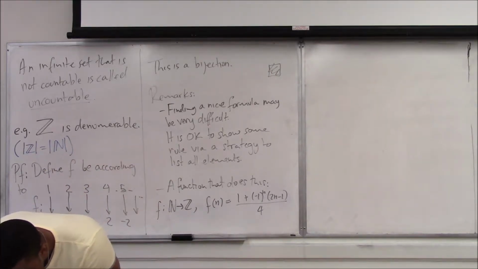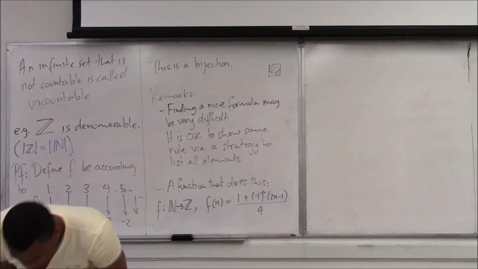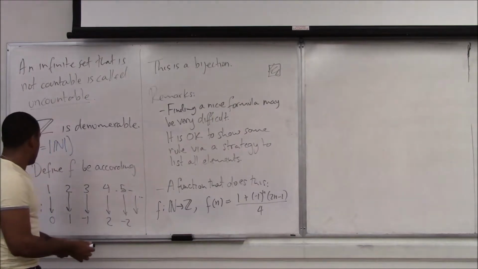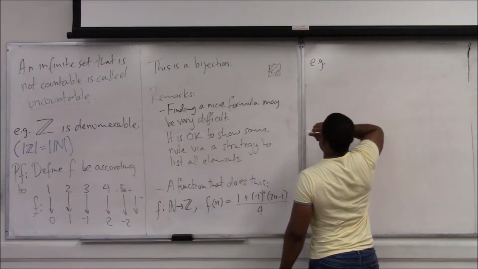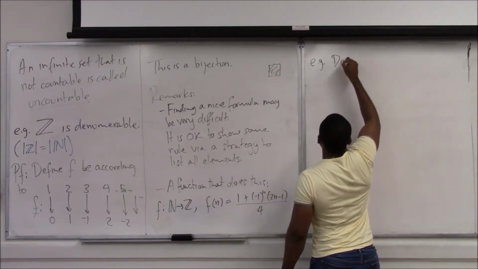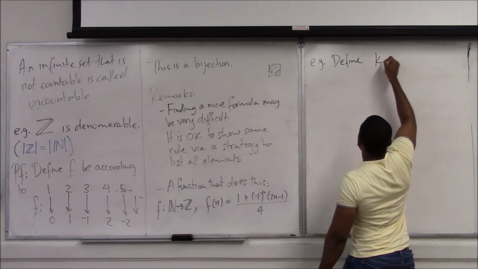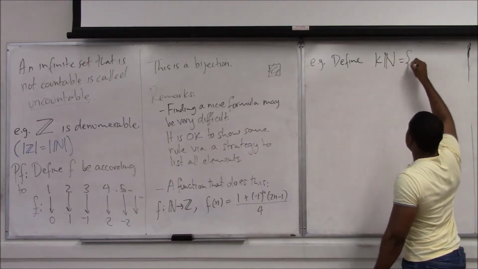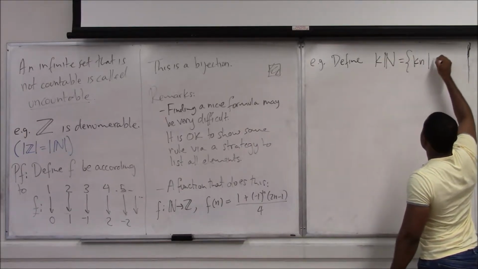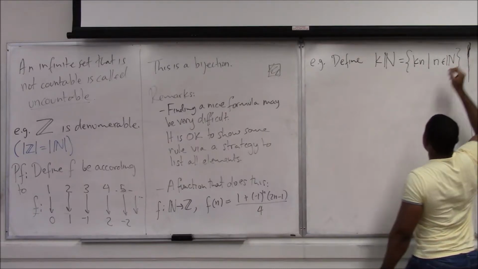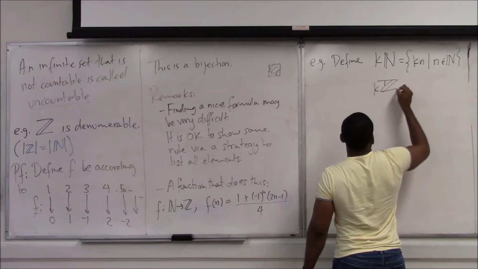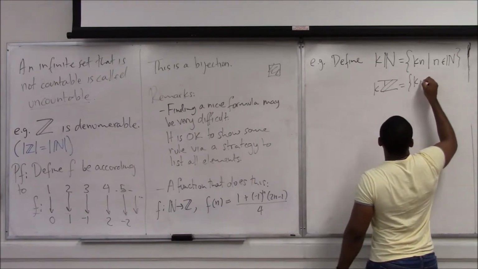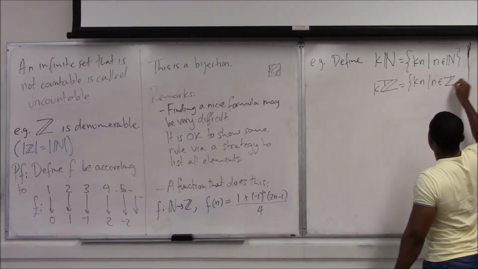Let's keep going. Here's another example. Define kN to be the set of kn such that n is a natural number, and kZ to be the set of all kn such that n is an integer.